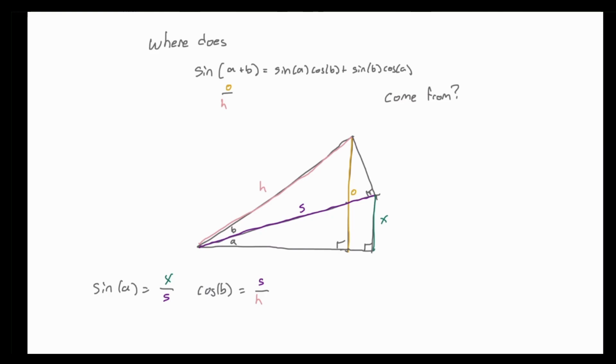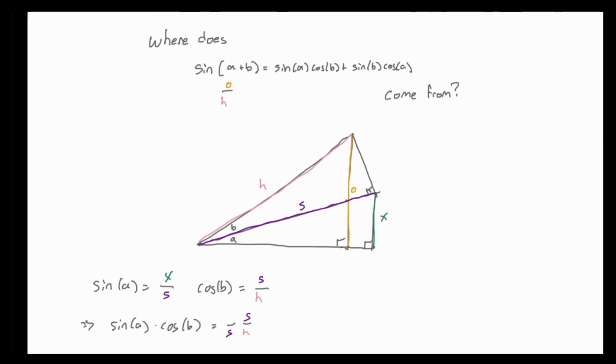Okay, but I can see that if I multiply these two, so sine of A times cosine of B, I can get some cancellation happening here. So let's see what's going on here. We have our S's, we have our H, and we have our X. So I notice that I can actually just cancel these S's here, and I get X over H.